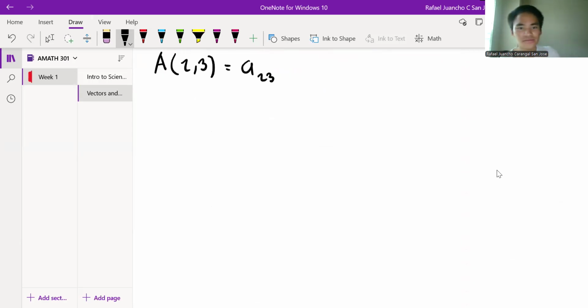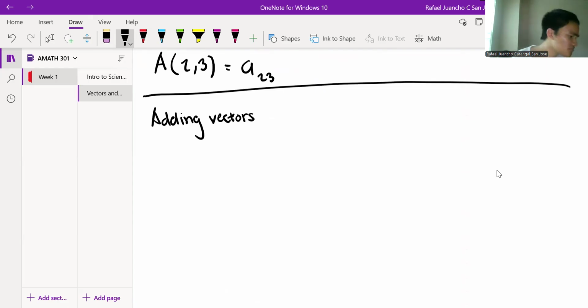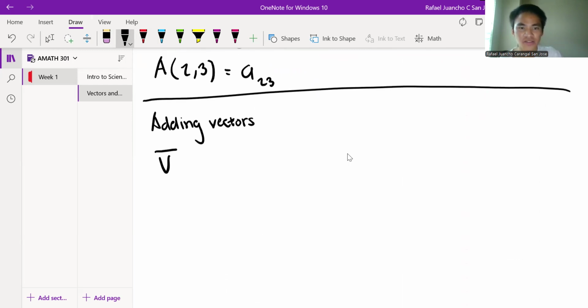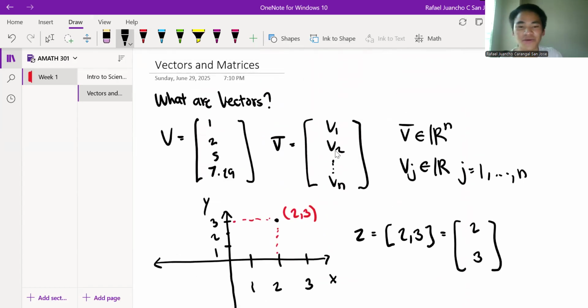Okay. Now, let's say we want to talk about adding vectors. I have this vector v, and you notice I put a horizontal line above. Oh, I forgot to talk about it.